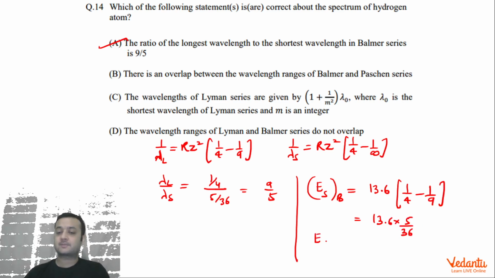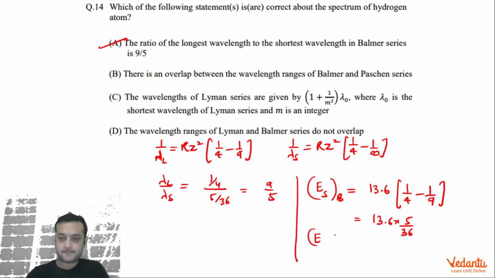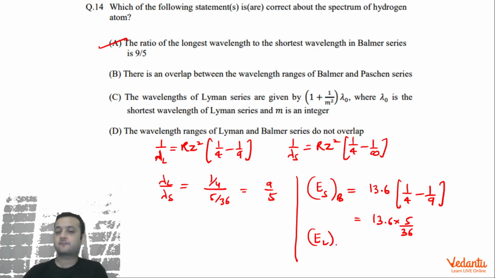What is the largest possible energy of Paschen? The largest energy of the Paschen is when the transition happens from infinity to 3. So that is 13.6 into 1 upon 9.